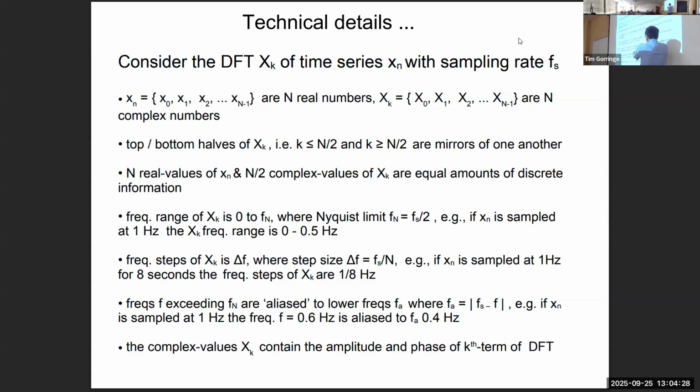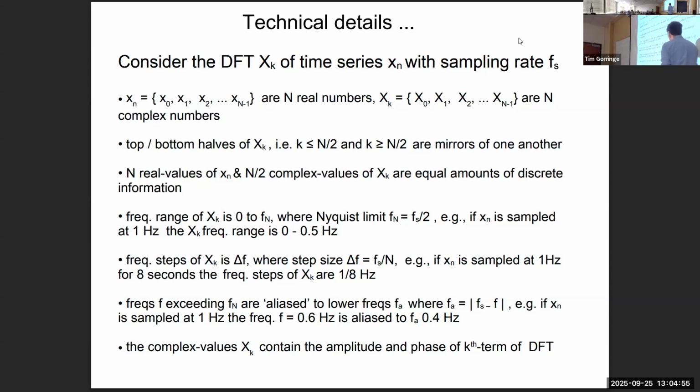What about the step size in the frequencies? Like the time domain data, the frequencies are discrete data. I measure the time domain data every second, so with a frequency of 1 hertz. What is the interval between the discrete frequencies in my frequency domain data?